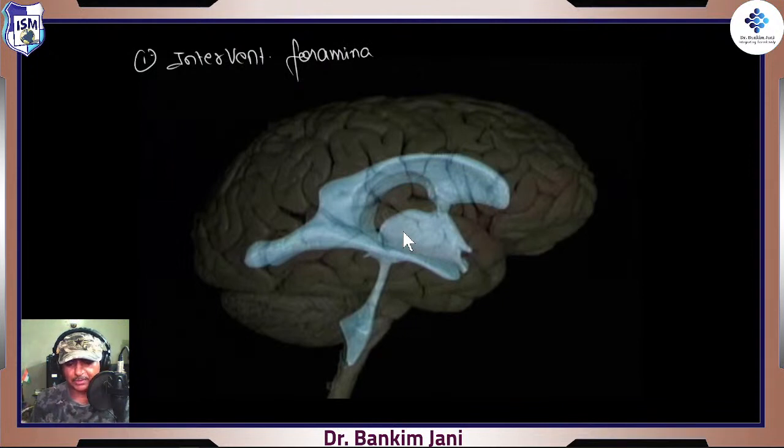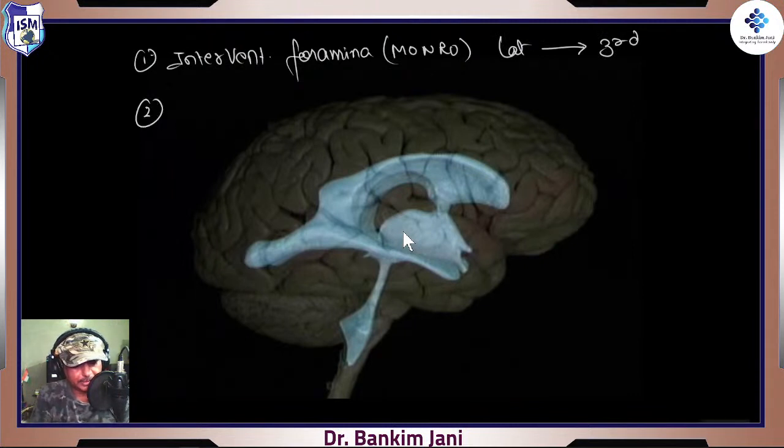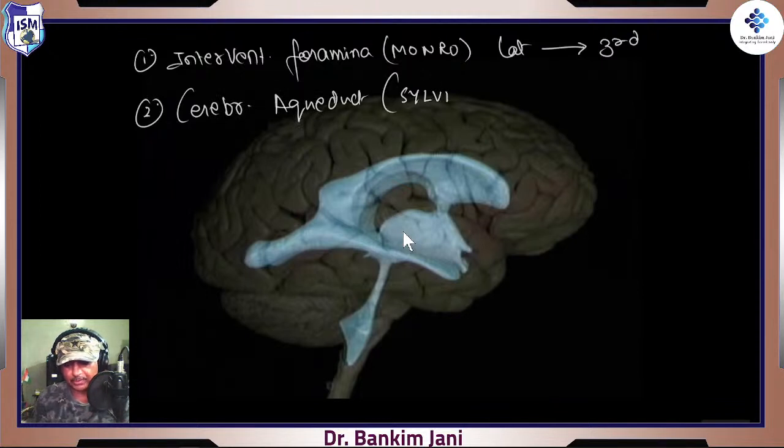And the name was Monroe, right? Foramen of Monroe, and it was from lateral to third, correct? Lateral to third. Then the second was what? Cerebral aqueduct, right? Its name was Sylvius, cerebral aqueduct of Sylvius, and it was from third to fourth.